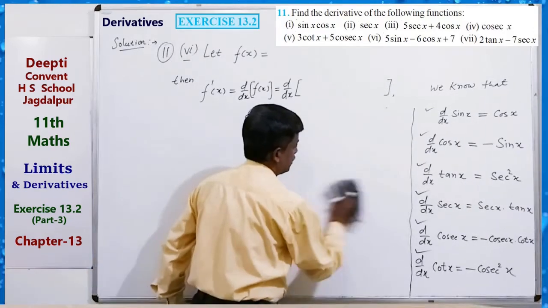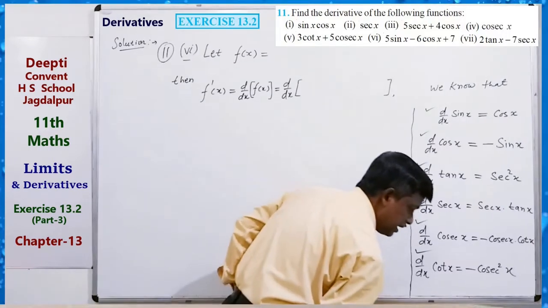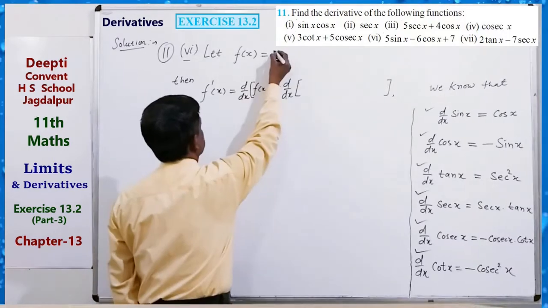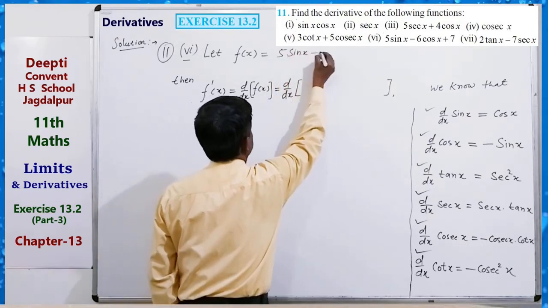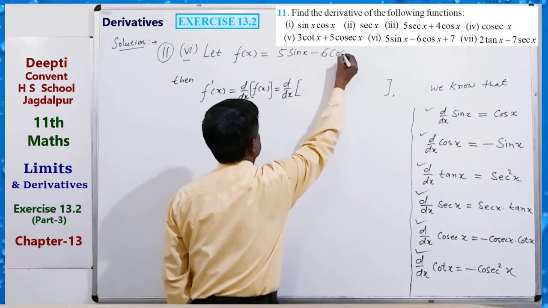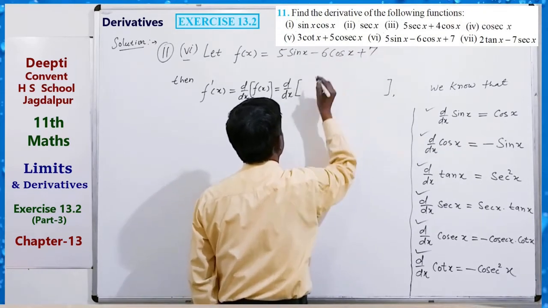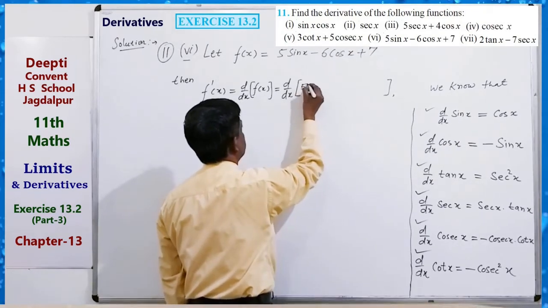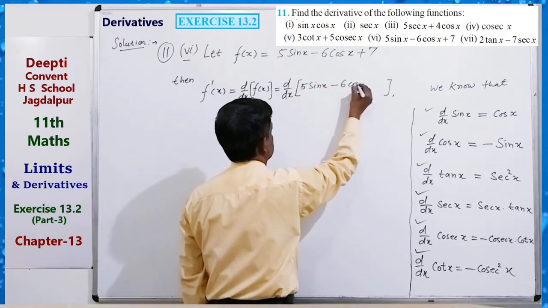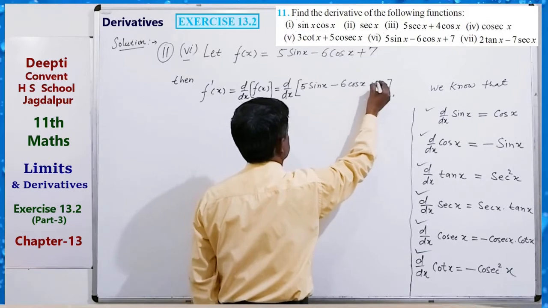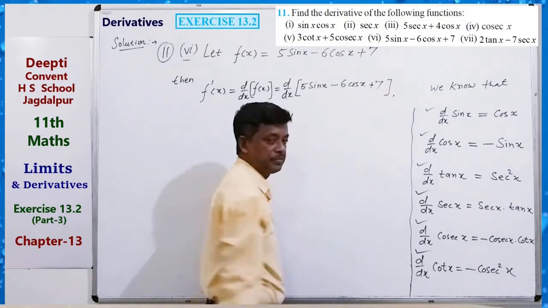Okay. Now question 6. 5 sin x minus 6 cos x plus 7. That is here 5 sin x minus 6 cos x plus 7. Clear?